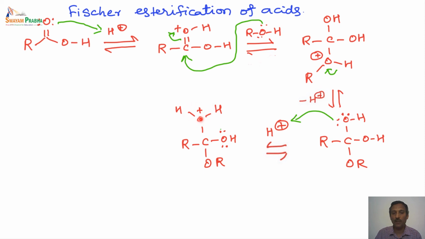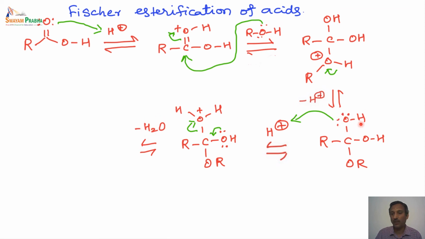We already know this oxonium ion is an unstable species, and it pulls the electrons towards itself. This carbon now becomes electron deficient. To compensate for the loss of electrons on this carbon, a lone pair of electrons from the oxygen is transferred, and that leads to the loss of a water molecule.